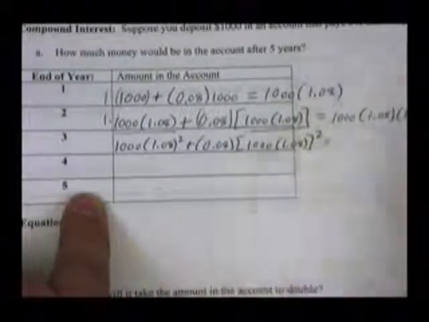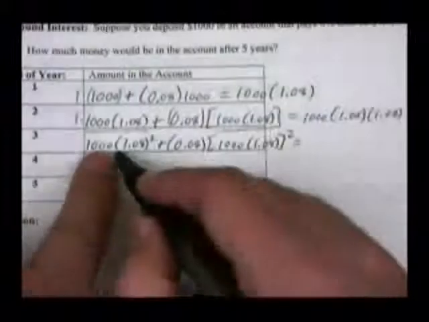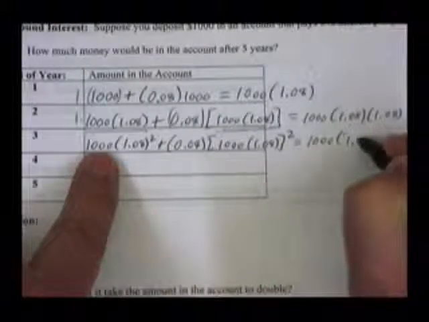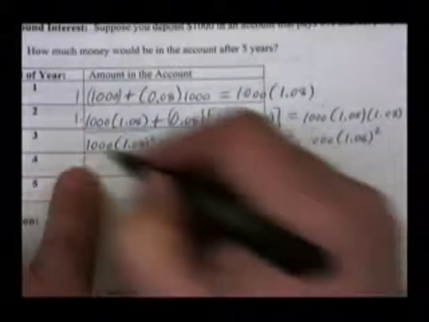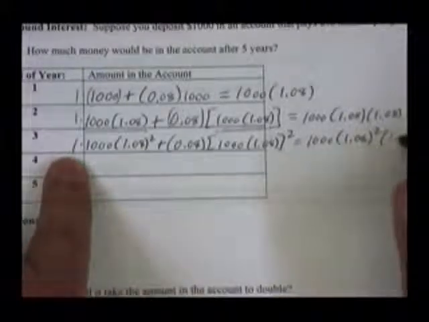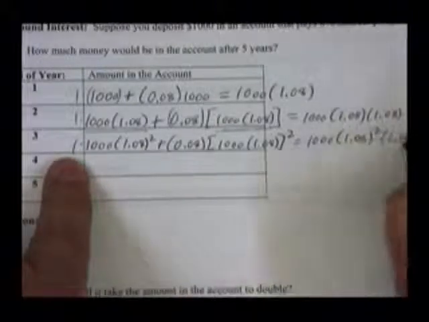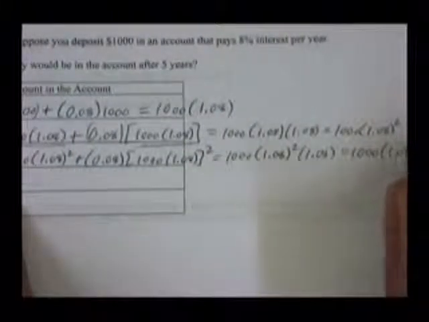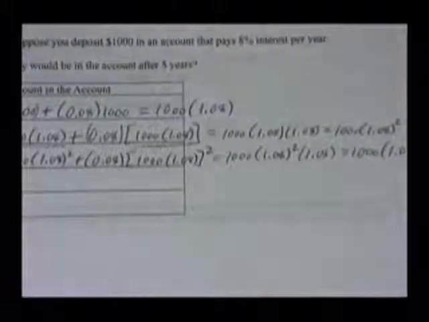And that's going to give me, well, I've got this in common, so I'm going to factor it out: 1.08 squared. And what I'm left with is one of those plus another 0.08 of those, so 1.08. Notice these can be combined, and I will get 1,000 times 1.08 cubed.